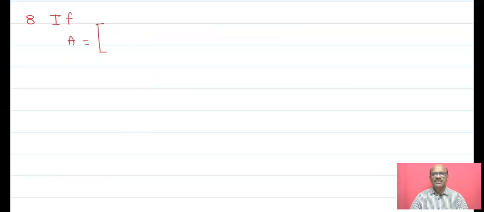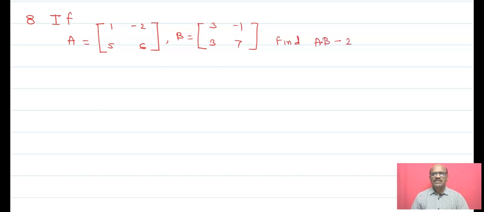Now next, question number 8. If A is [1 -2; 5 6], B is [3 -1; 3 7], find AB minus 2I, where I is the unit matrix of order 2.